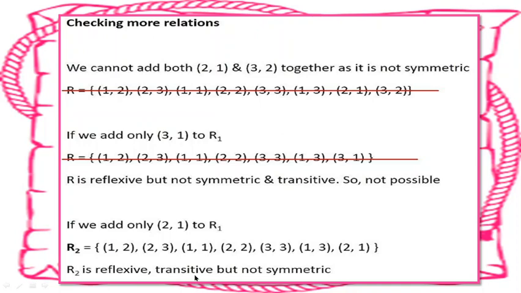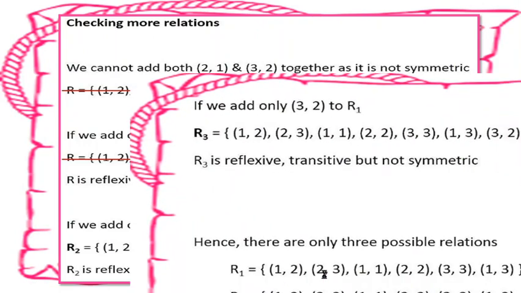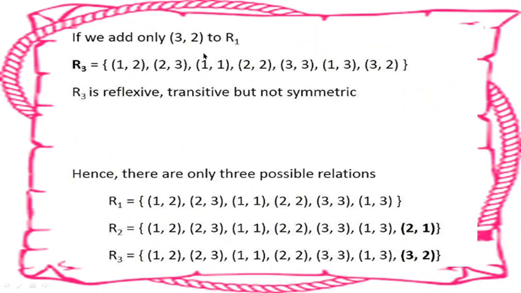R2 is reflexive, transitive but not symmetric. Now if we add (3, 2) to this relation, R3 will be reflexive, transitive but not symmetric again. And that's what was required according to the question. So here we have only 3 possible relations which are R1, R2 and R3.